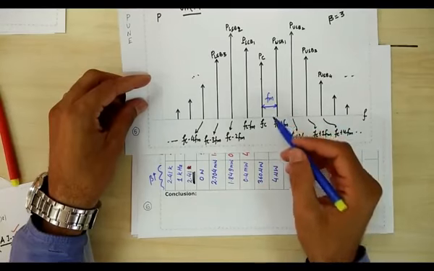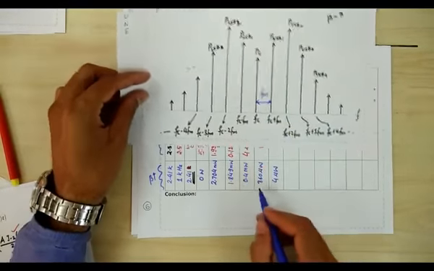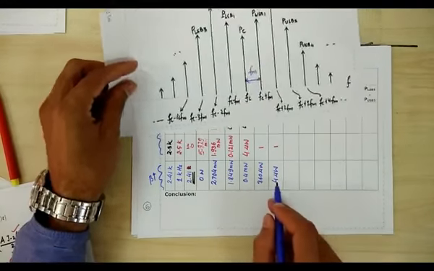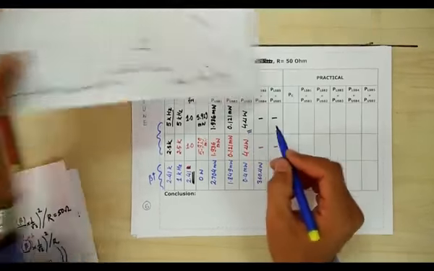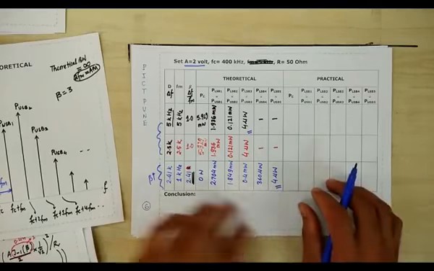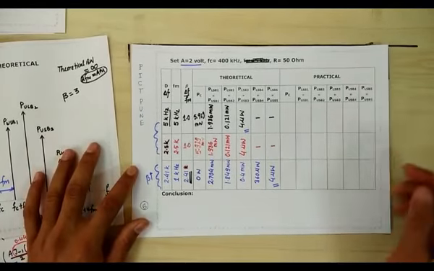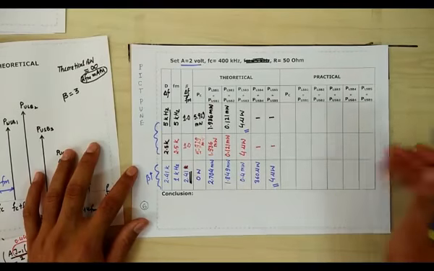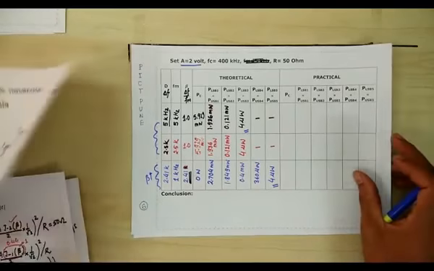By number of significant sidebands, I mean that the power is negligible after these sidebands, but here the power goes up to these values. So generally if a sideband contains 95% of the total power, we count that as a significant sideband.